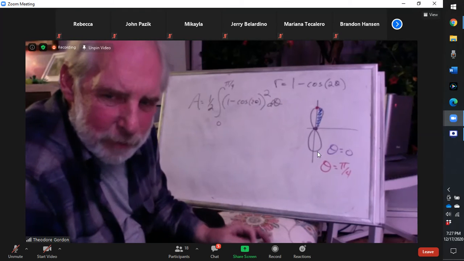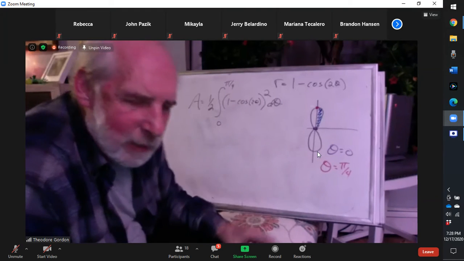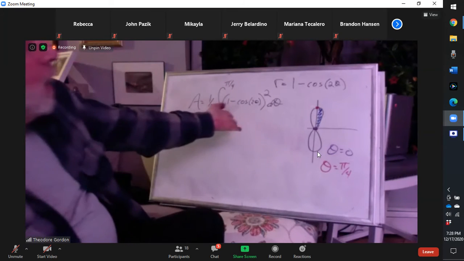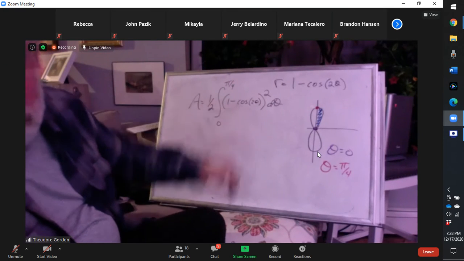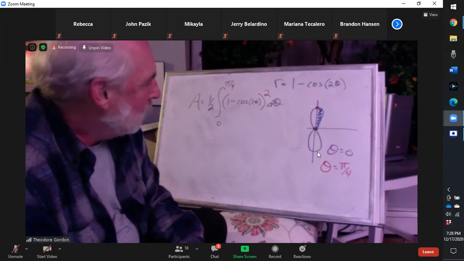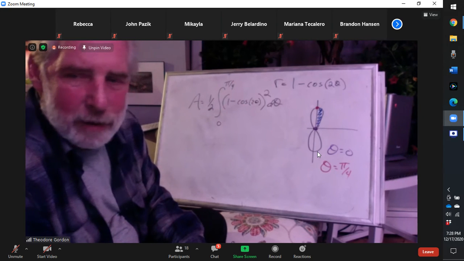So the only real difficult part is coming up with those angles, but that's not a calculus thing. That's going to be fine. So now the question is, how do we do that integral?